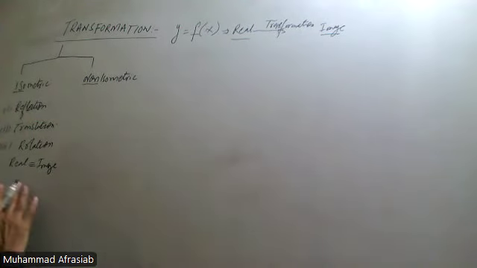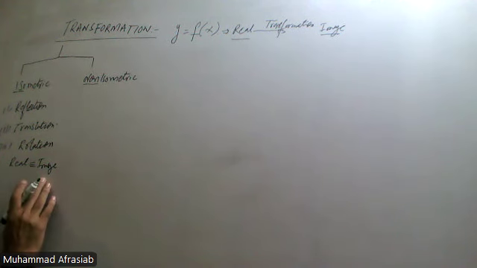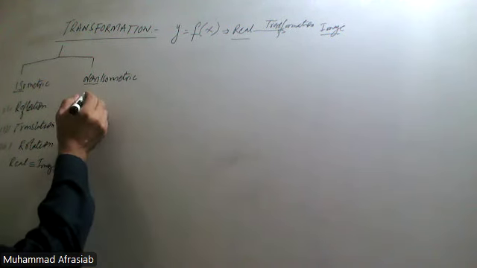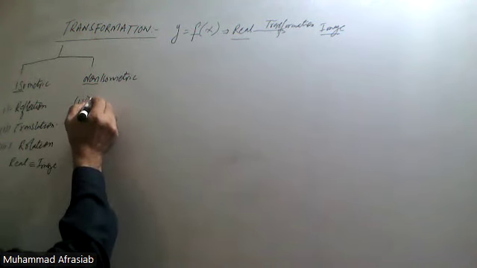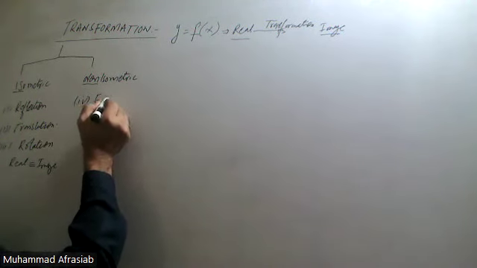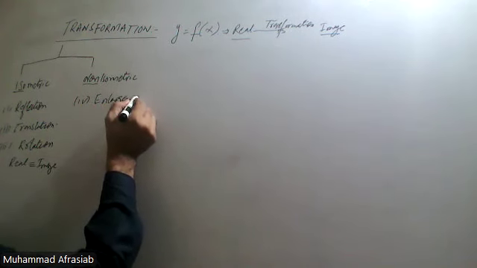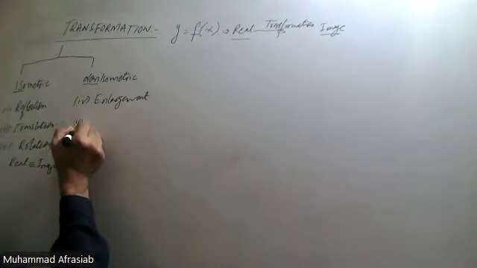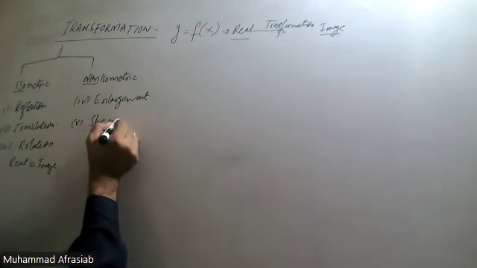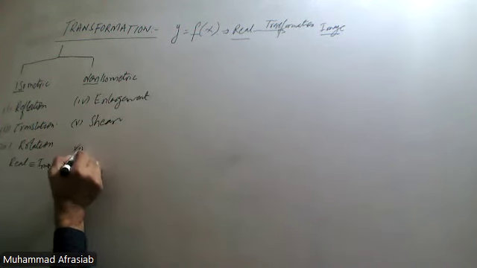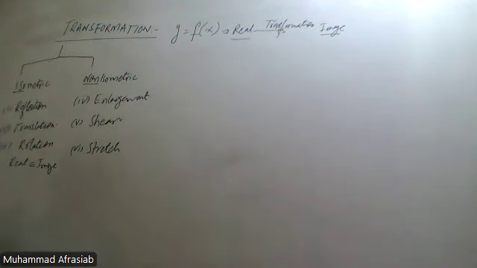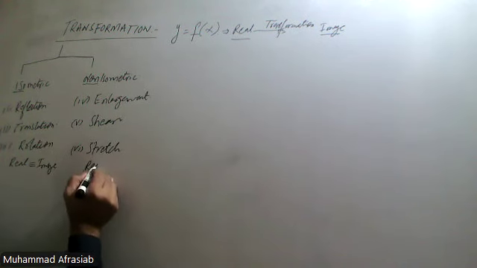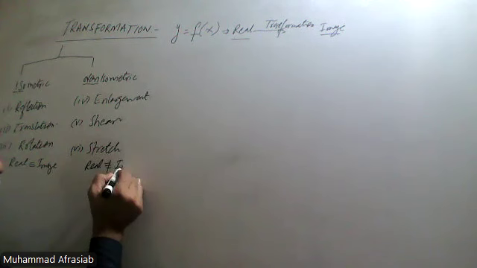If the real is exactly the same in size, shape, and area, then it is called isometric. Non-isometric means the measurements are not the same, so it will have the topics of enlargement, shear, and stretch. Here, real is not congruent to image.